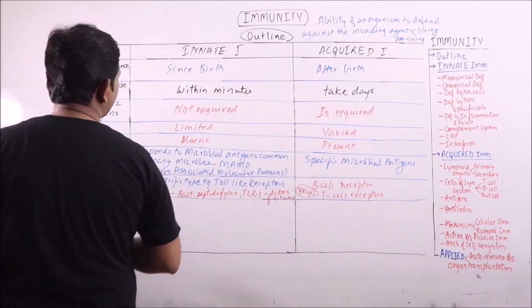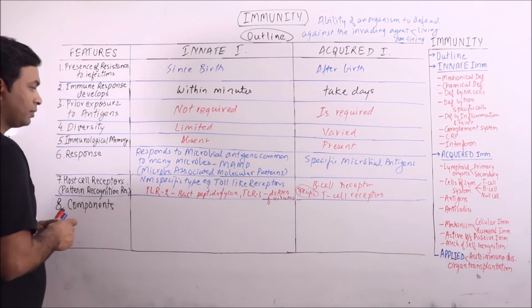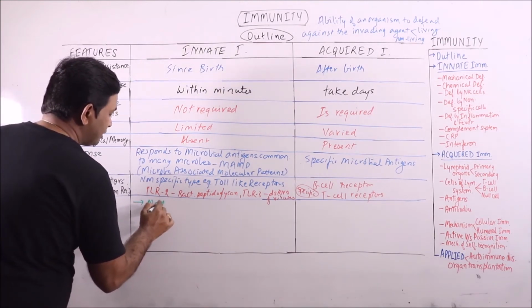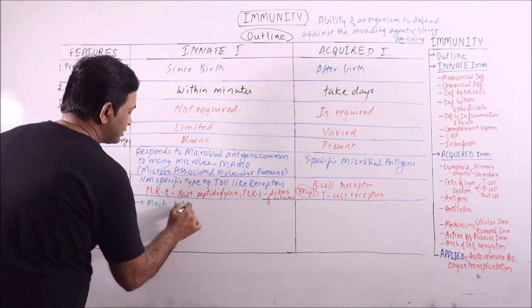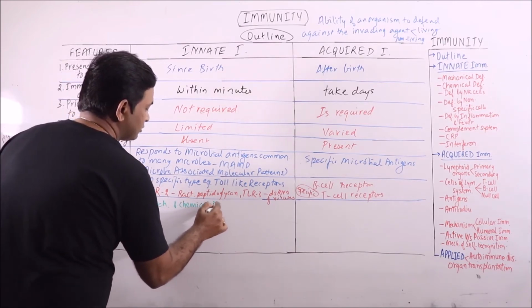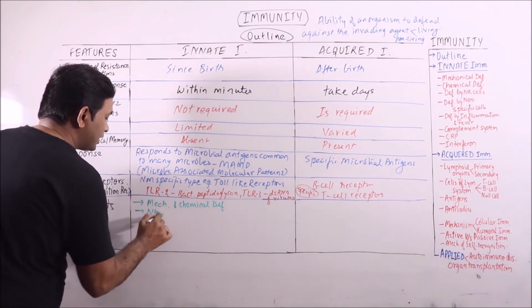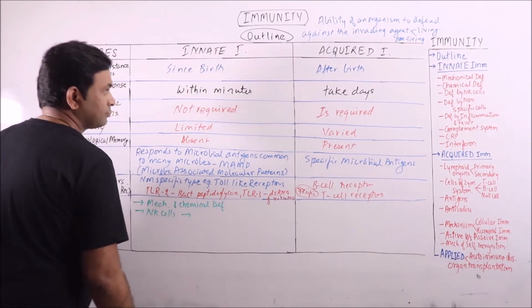What are the various components of innate immunity? These include mechanical and chemical defense. These include the activity of NK cells.